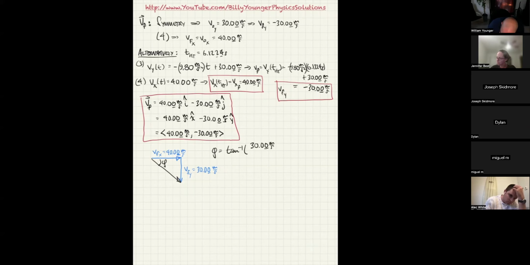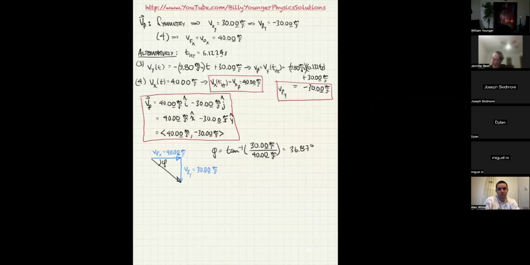I don't want you using signs with your trig functions because that's just a really nice way to make mistakes unless you're paying very, very close attention. But when you do this, you're going to get 36.87 degrees.